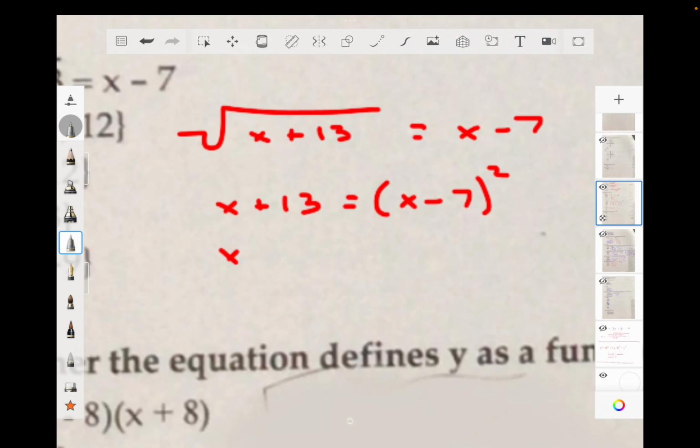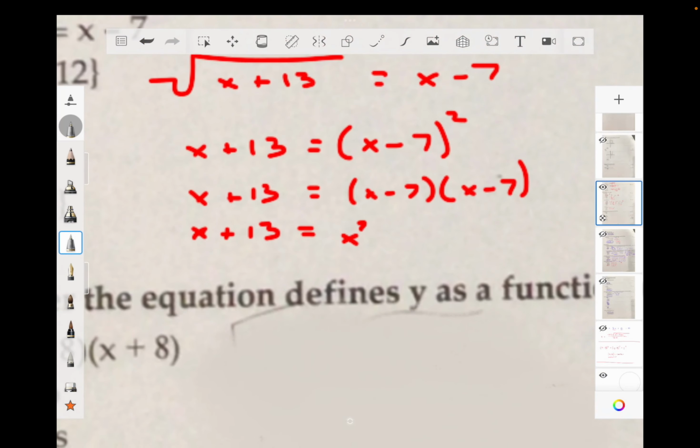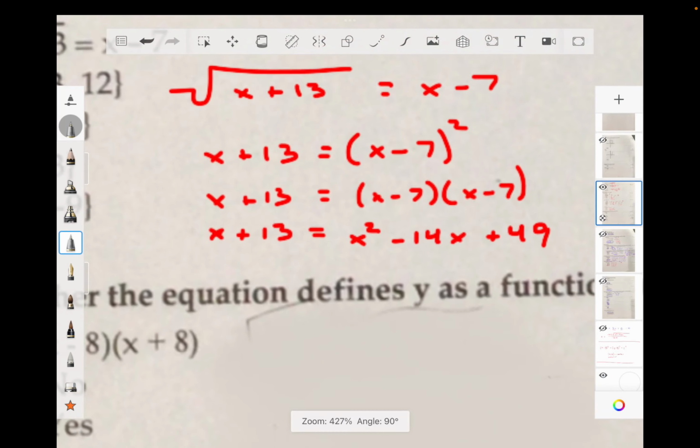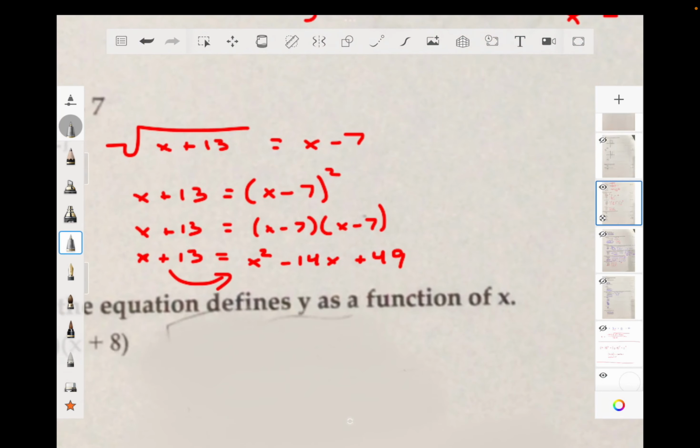It's going to be x plus 13 equals x minus 7 times x minus 7. Distribute that out. That becomes x plus 13 equals x squared minus 14x plus 49. Set this equal to 0, so bring all the terms to one side.